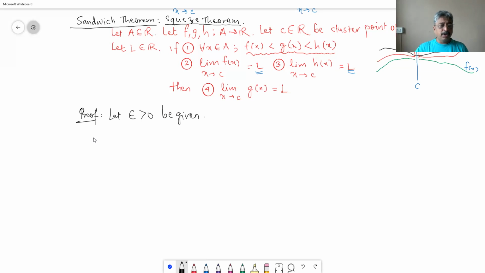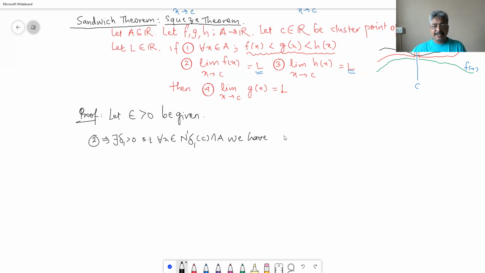So statement number 2 implies for every epsilon there exists delta 1 greater than 0 such that for every x belonging to the deleted delta 1 neighborhood of c intersection A, we have absolute value of f of x minus L is less than epsilon.